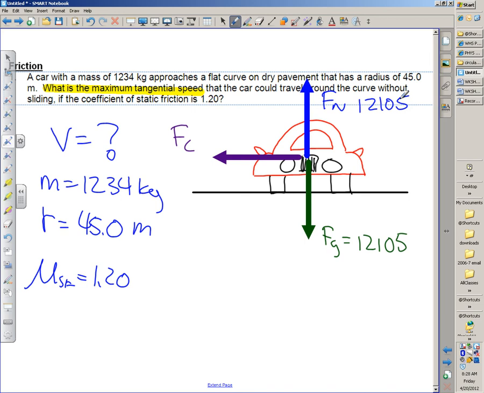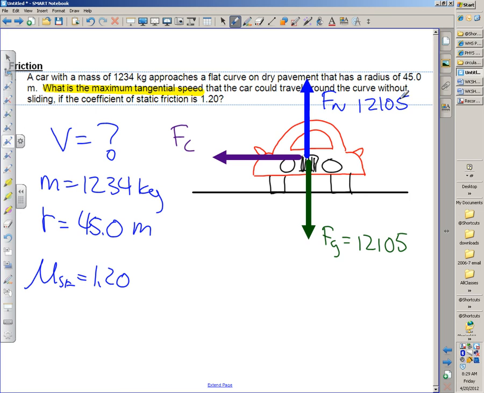Here's where this problem becomes different than the problems that we've done. We talked on Monday that centripetal force is not some new kind of force. Something has to go here. In this problem, what's preventing the car from going in a straight line and making it go into this curved path? Well, you turn the wheels, but what does that do on the surface?